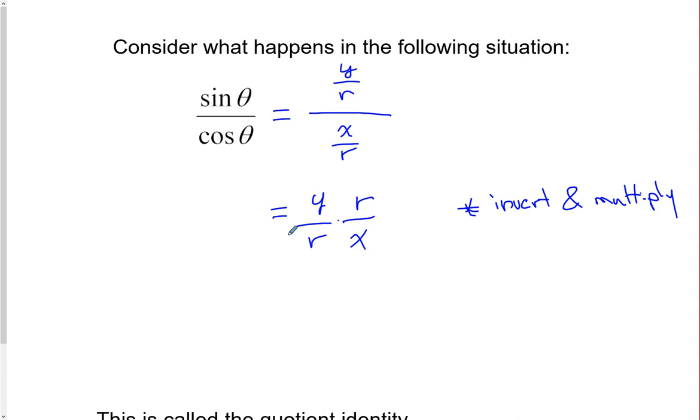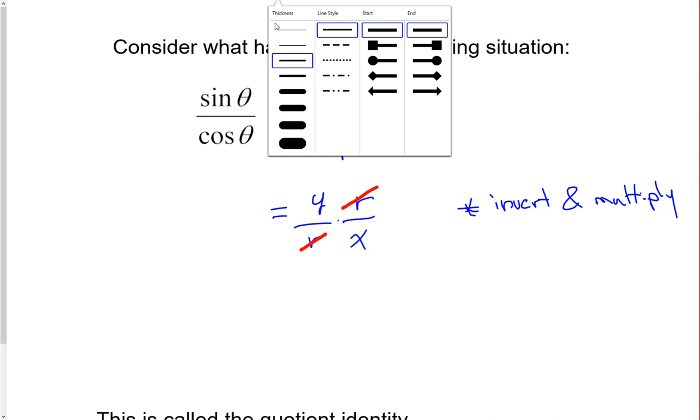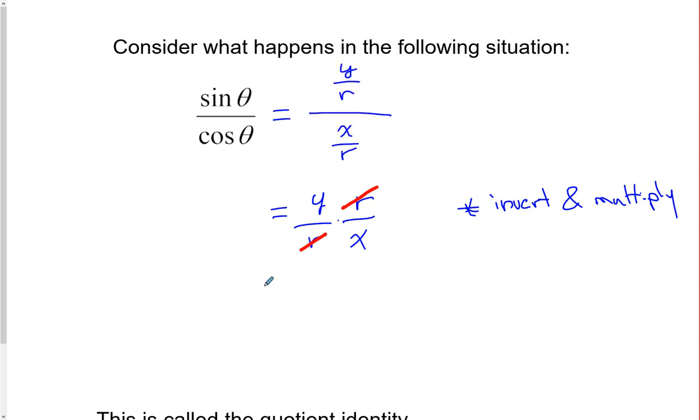Okay, so we're dividing fractions. When we divide fractions, we can flip the second one and change it to multiplication. That's our shortcut, right? And so we've got an r on the top and an r on the bottom. We can cancel those out because that'll just equal 1 when we divide something by itself. And what we're left with is y over x. Now, what does y over x equal?